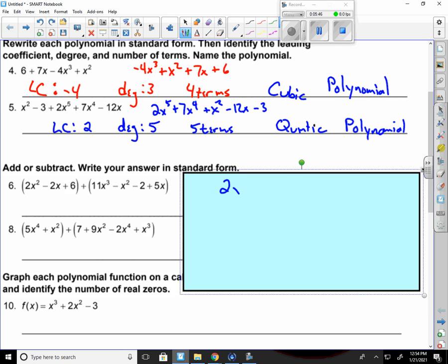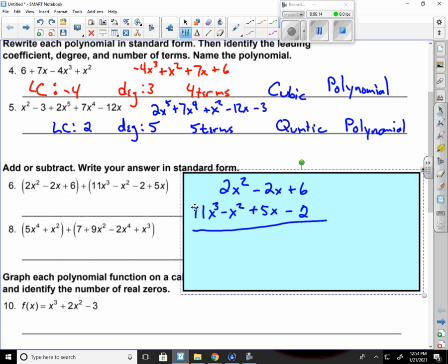I have 2x squared minus 2x plus 6. If I look at this, it's already also in standard form. No, it's not. The 5x is out of place. But I have 11x to the third minus x squared plus 5x minus 2.